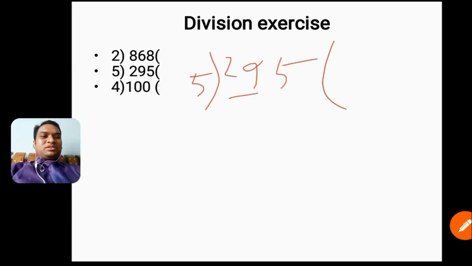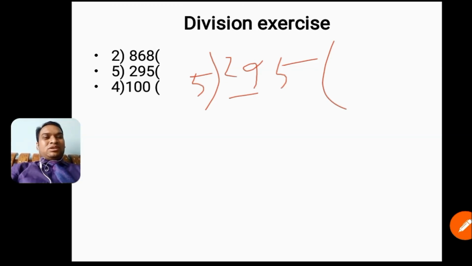Here two numbers, so we'll count 29 by 5. 5 1s are 5, 5 2s are 10, 5 3s are 15, 5 4s are 20, 5 5s are 25, 5 6s are 30. We will not go more than 29, we need to write less than it. If it matches, then okay. If not, we will not go more than these two digits of the dividend.